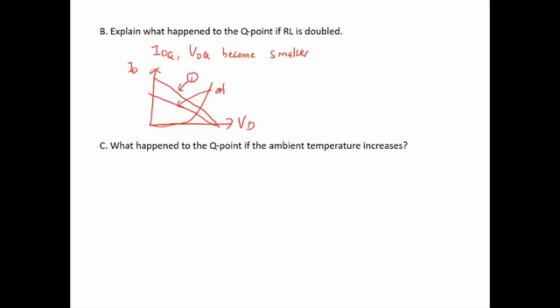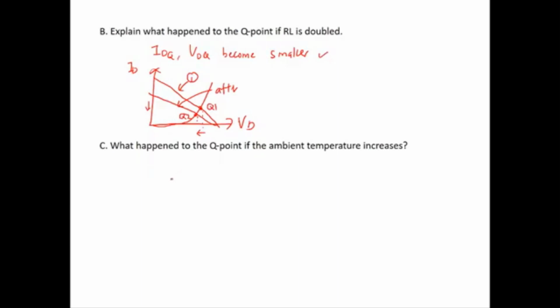So you can see that Q point 1 becomes Q point 2, meaning that the VDQ decreases, shifted toward the left side, and IDQ also decreases, shifted to a lower value of current. So this is the answer.